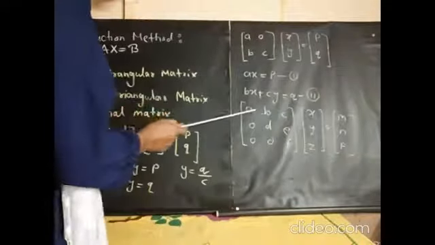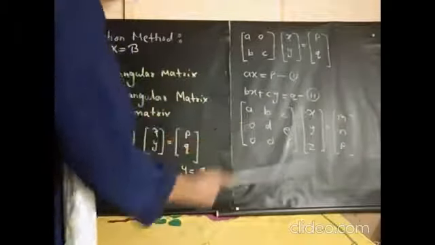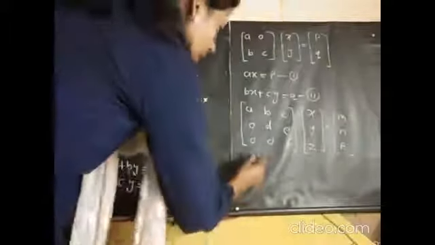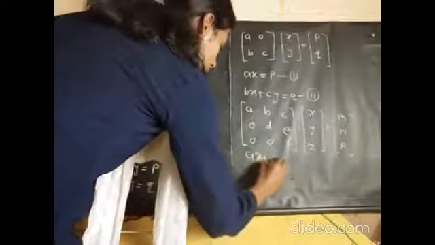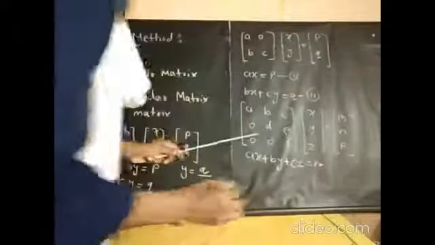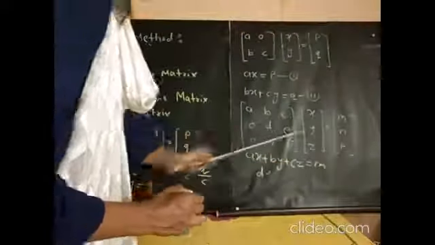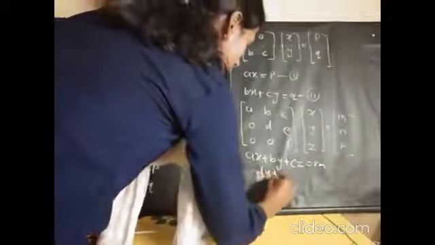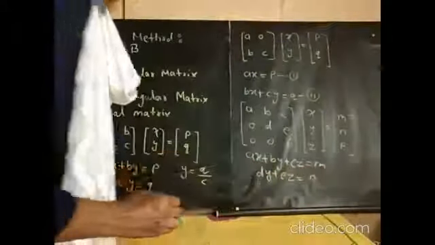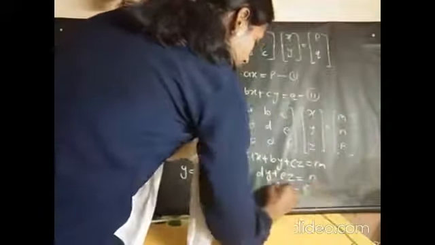By multiplying the first row with the first column, A into X, you will get AX plus BY plus CZ equals to M. From the second one, you will get 0 into X, 0, D into Y plus E into Z equals to N. And from the third one, simply you will get F into Z equals to P. You can see it clearly.